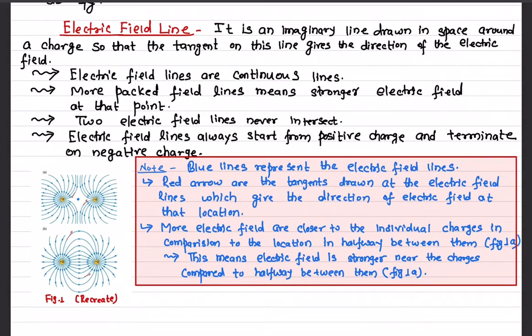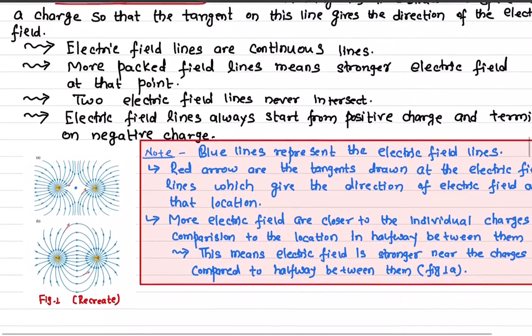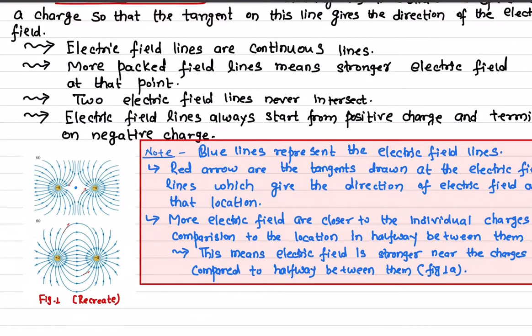There are so many important things about the electric field lines. The electric field lines are continuous lines. You do not see an electric field line as a broken line. It is continuous. And at this point, you see there are more packed lines than here or than here. The more packed the lines, the stronger the electric field is.